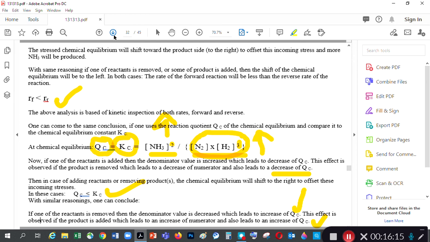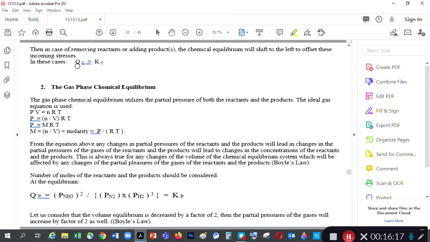So that's what you have when you add one of the products: Qc increases, and the shift will be towards the reactants.